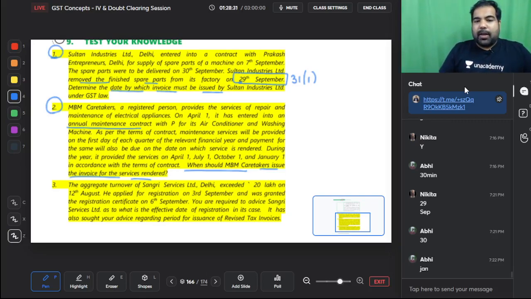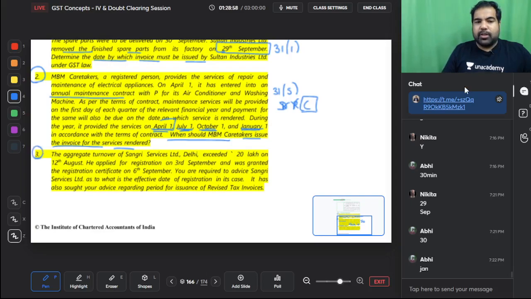Guys, continuous supply of services is section 31(5). So you open the contract whenever their due date is mentioned. During the year, it provided the services on April 1, July 1 and October 1. Due date is not given, but completion of event is given, that is April, July and October and January. So by then the invoice should be issued. So for April, July, October and Jan.